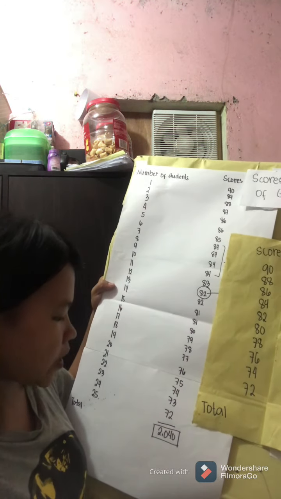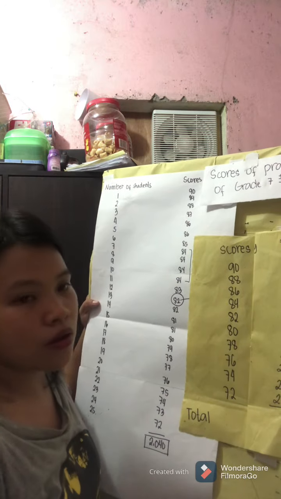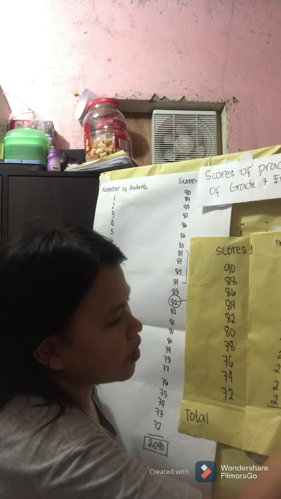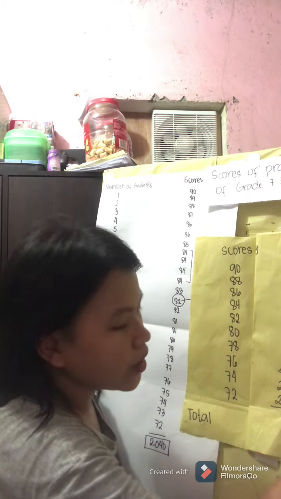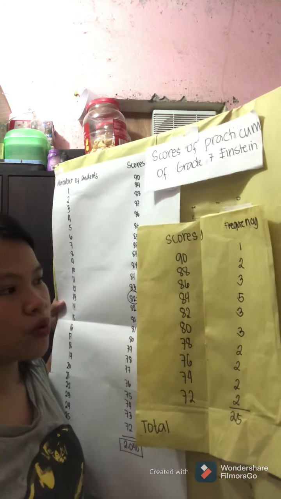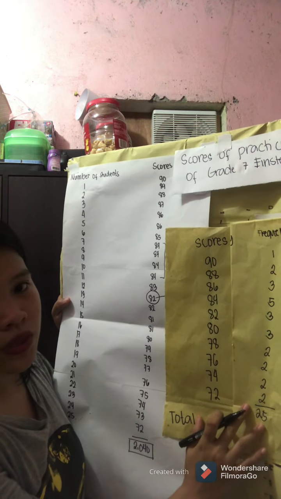And lastly, in our 72 to 73, we have 2 students. With a total of 6, 11, 14, 17, 19, 21, 23, 25. So 25. These are our frequency.